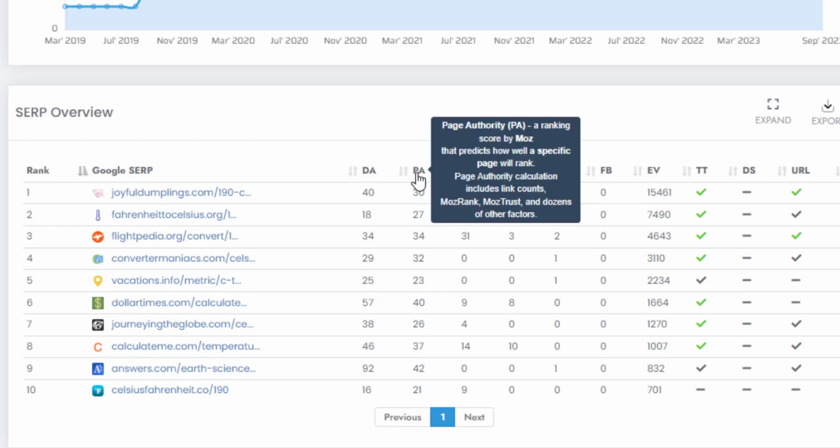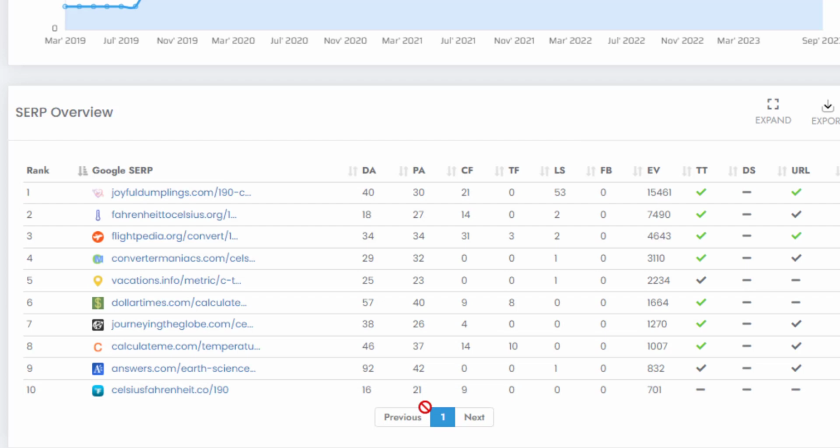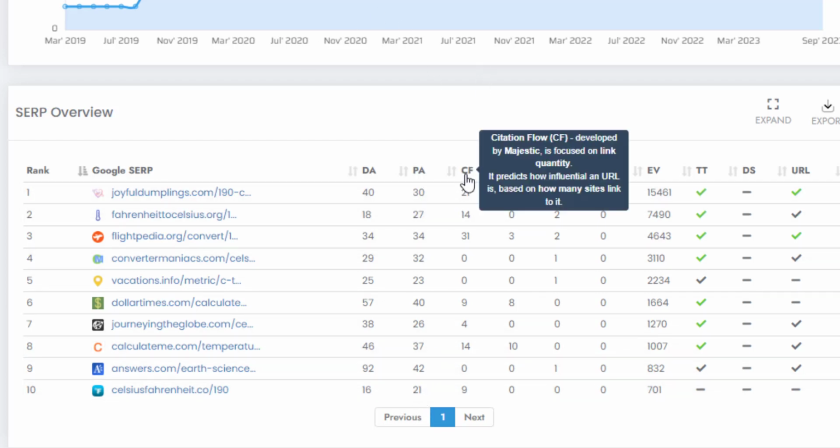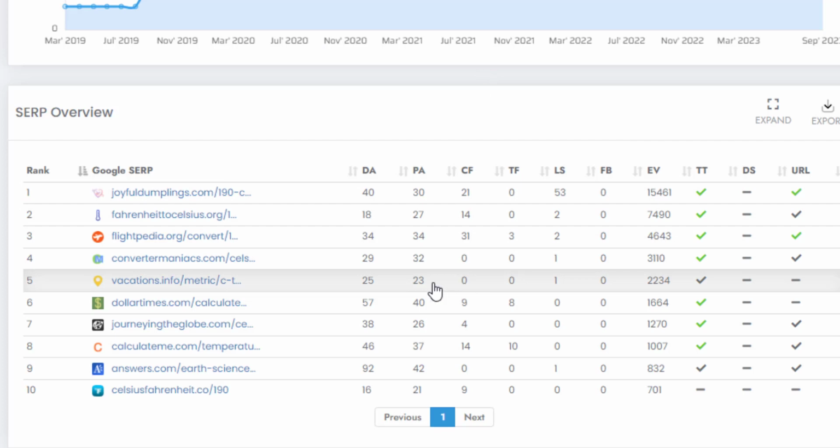Now, let's talk about page authority. All these are reasonable. Now, let's talk about citation flow. Some of this, like the number 5 guy here, has no citation flow, no trust flow. No good links pointing in, hardly.